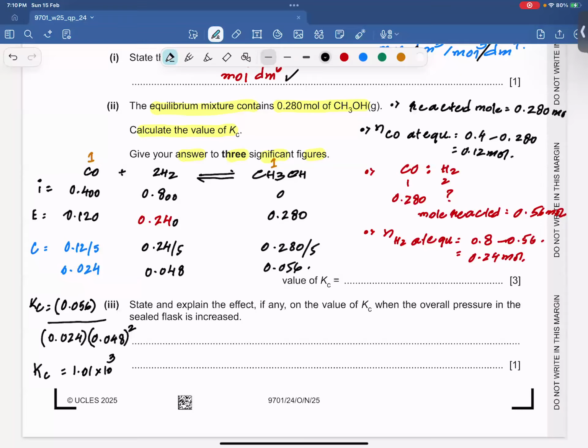That's the value of Kc, guys. The examiner is looking for the 3 significant figures answer. And that's your answer, 1.01 times 10 to the power 3.